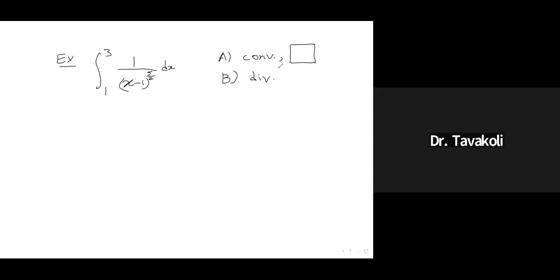Okay, let's see. What is the problem here? Is the discontinuity at 1 or at 3? Obviously, it is at 1 because in the denominator I have x minus 1 to some power. So to do this improper integral, we replace 1 with c and let c tend to 1.